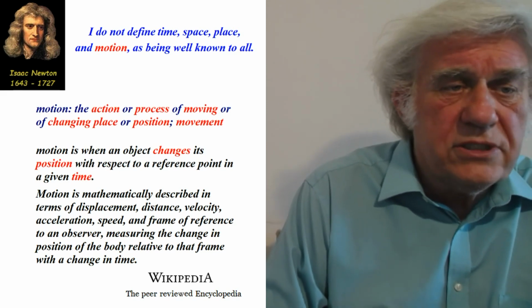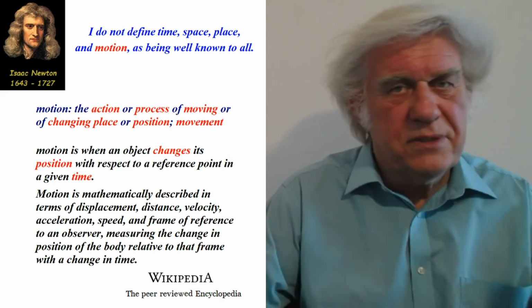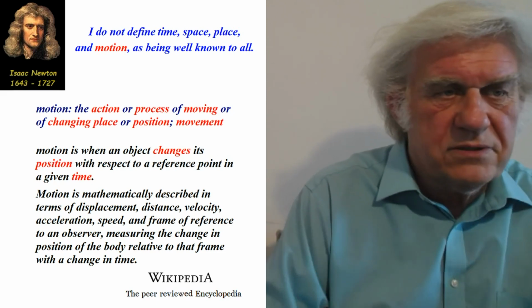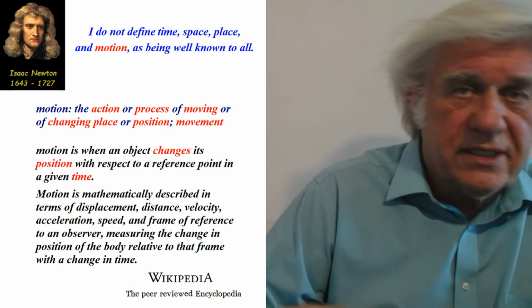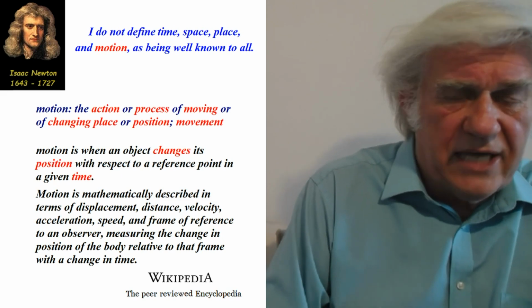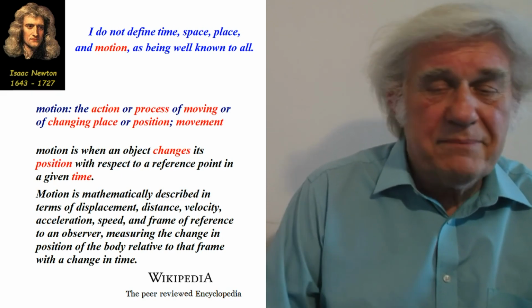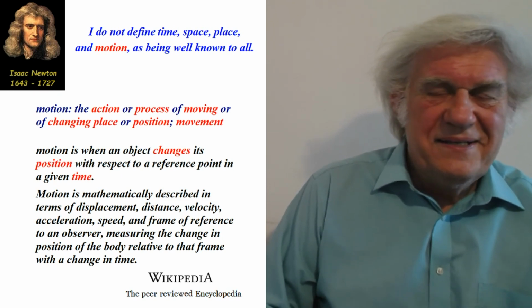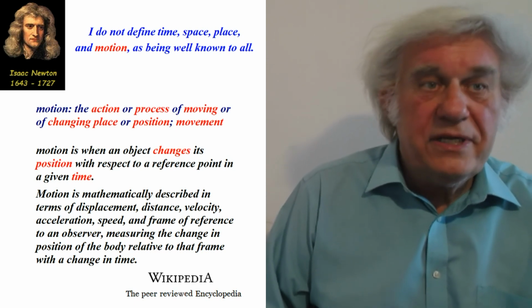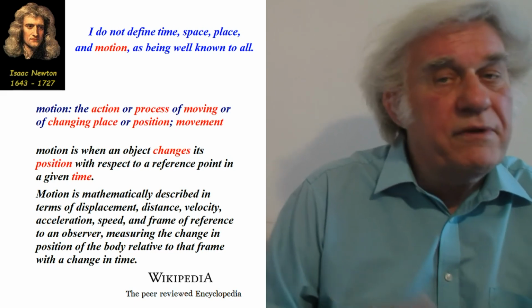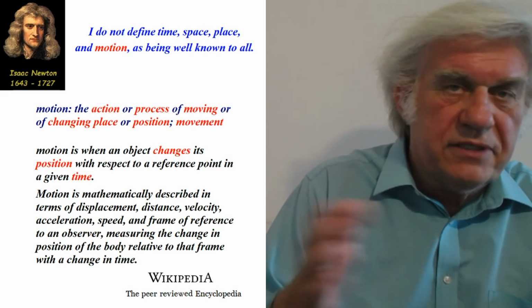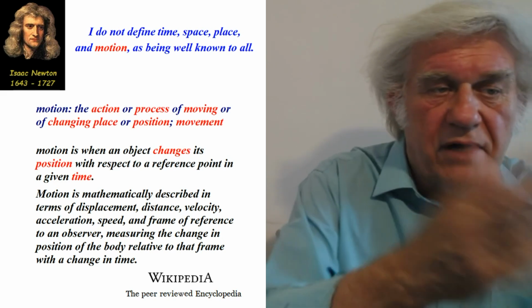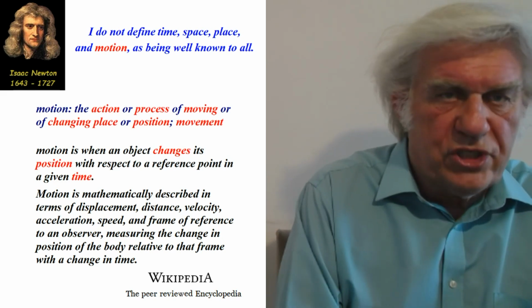And it says motion is when an object changes. The word change, look up change, it involves motion. Position, again, an itinerary. Given time is built of motion. You need to define motion before you define time. They're using time to define motion. So we have all these contradictions, all these irrationalities.